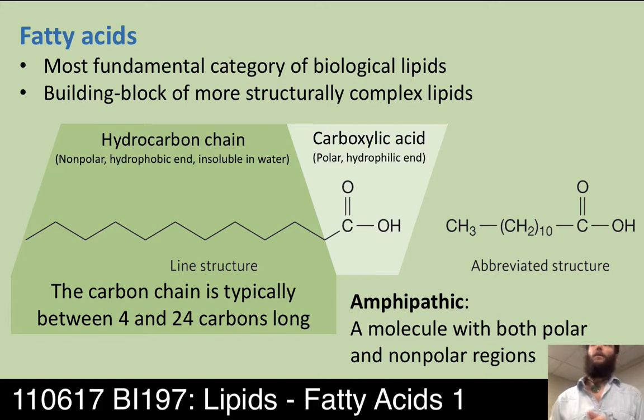A lot of other more complicated lipid structures are built out of fatty acids. For example, steroid hormones: the carbon in them is derived from fatty acids. Cholesterol, etc., comes from fatty acids.